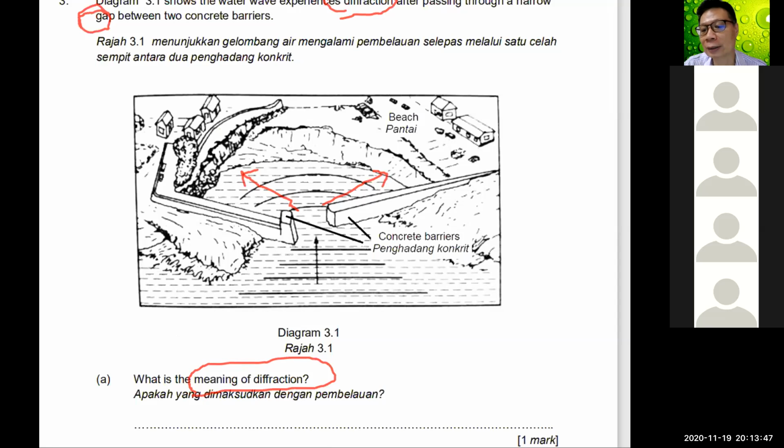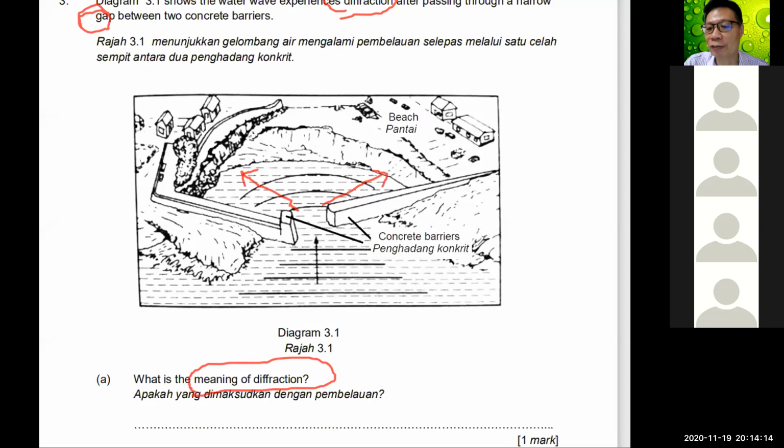Someone must get the answer. Okay, I want to hear from Chang. Chang, can you explain what is the meaning of diffraction? No.